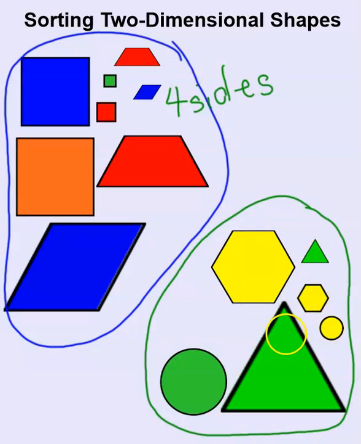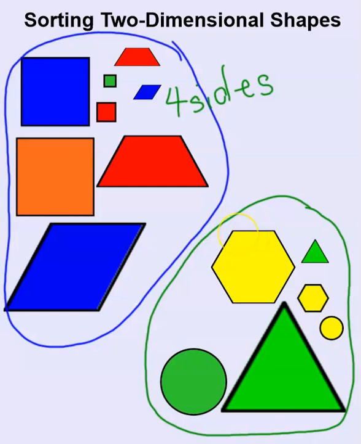And this group does not have 4 sides. A circle doesn't have any sides that meet up at a vertices or a corner. These have more sides.